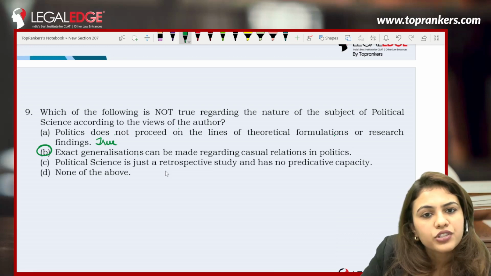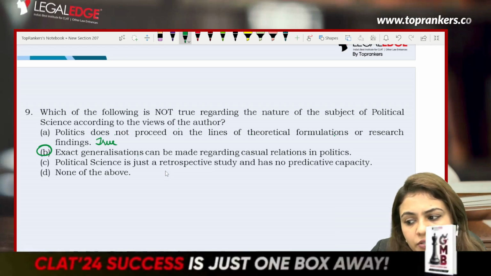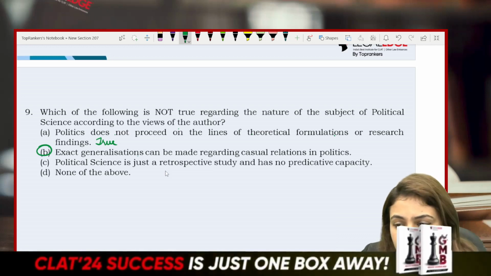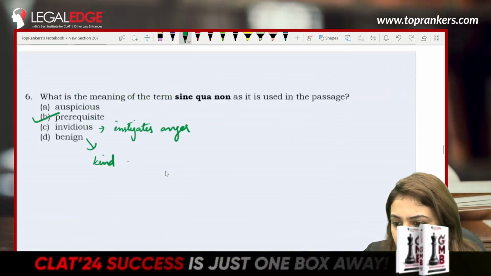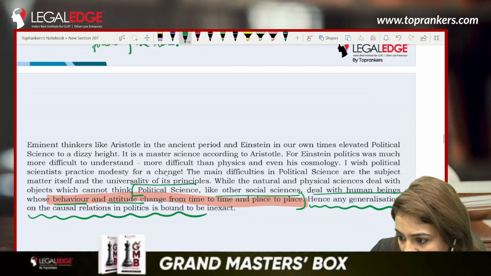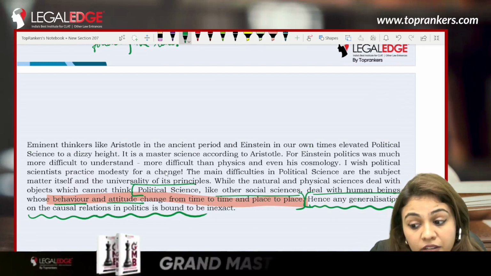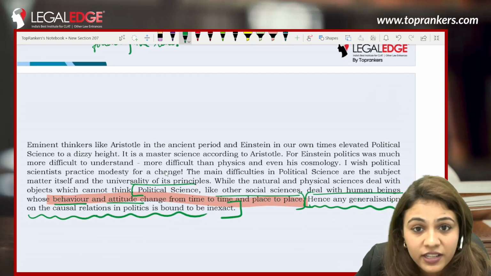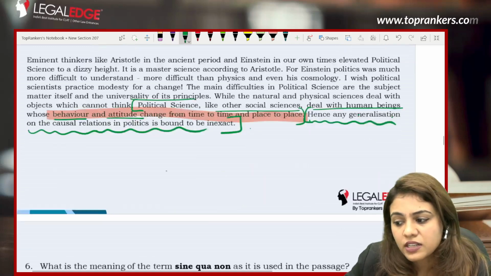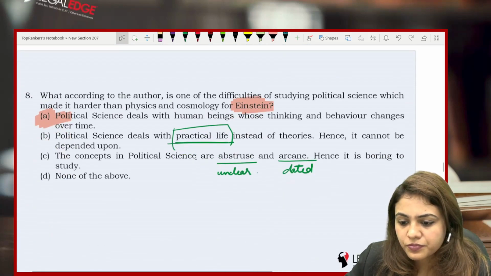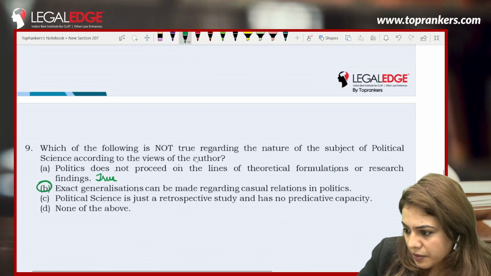Exact generalizations can be made regarding causal relations. In the passage, basically that's the last line: any generalization on the causal relations in politics is bound to be inexact, not exact. So this statement is false when it comes to the passage.